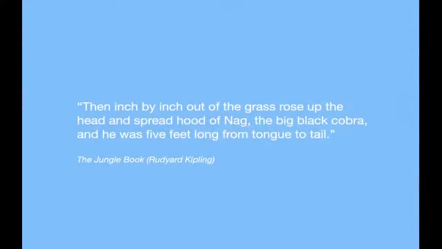So throughout that little extract, you could, I'm sure, have seen that there was sibilance there too. Inch by inch, out of the grass, rose up the head, the spread hood of Nag, the big black cobra, and he was 5 foot long from tongue to tail.